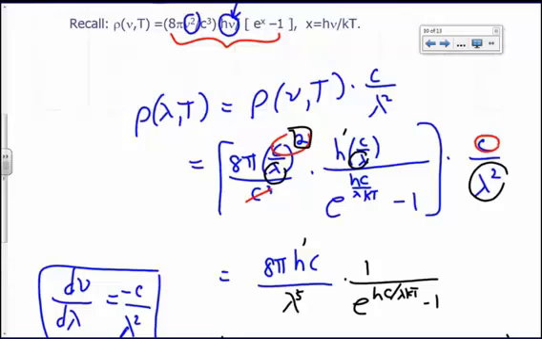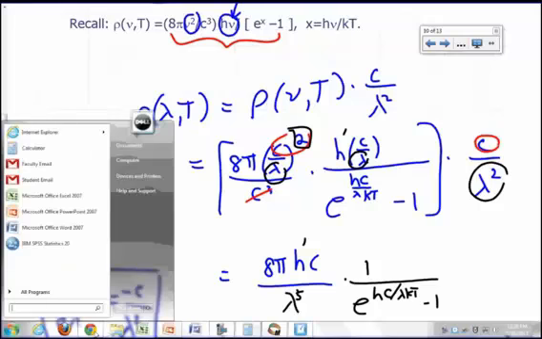And that is the expression that you have in the textbook, and that's the same one that we have right here: 8 pi hc over lambda to the fifth times 1 over e to the hc over lambda kT minus 1.